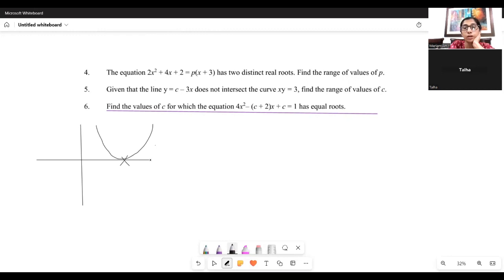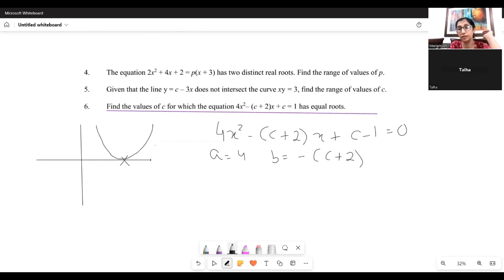Okay, so let's first fix the quadratic equation. We should have 0 at one end. So I'm going to bring 1 to this side. So the constant is now c minus 1 equals to 0. A is 4. B is minus c plus 2. Coefficient is minus. And c is c minus 1.